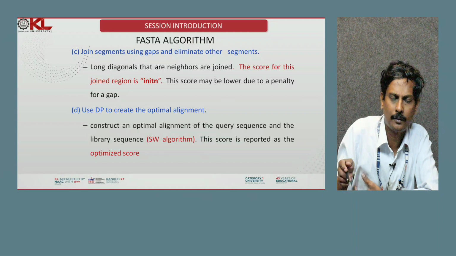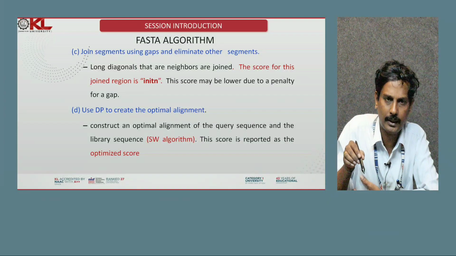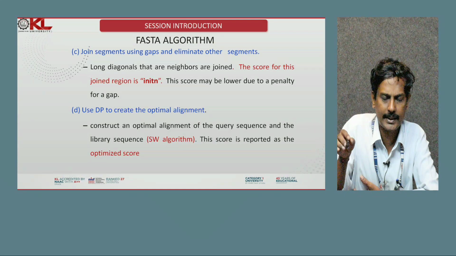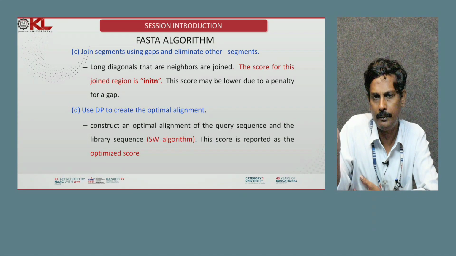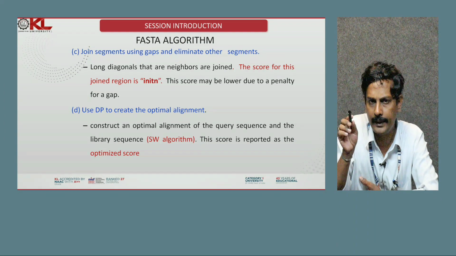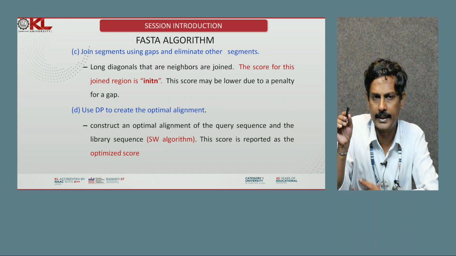What is the FASTA algorithm? What are the working principles of the FASTA algorithm? How does it work on a biological data set? First, join the segments using gaps and eliminate other segments, to find the long diagonals that are neighbor joined. The score for this joined region is initn.